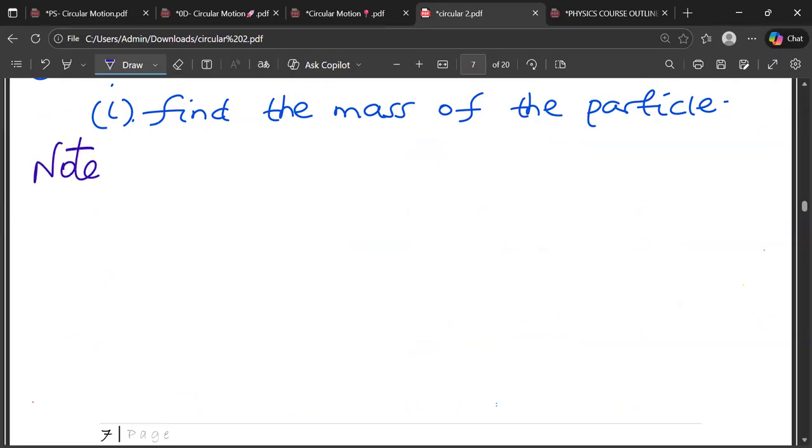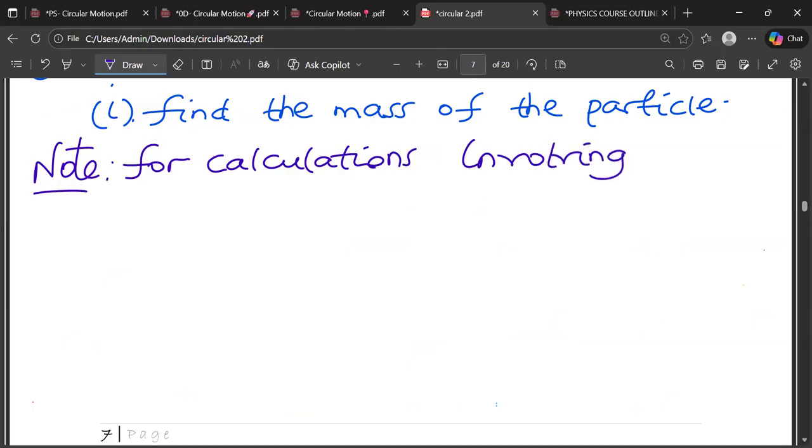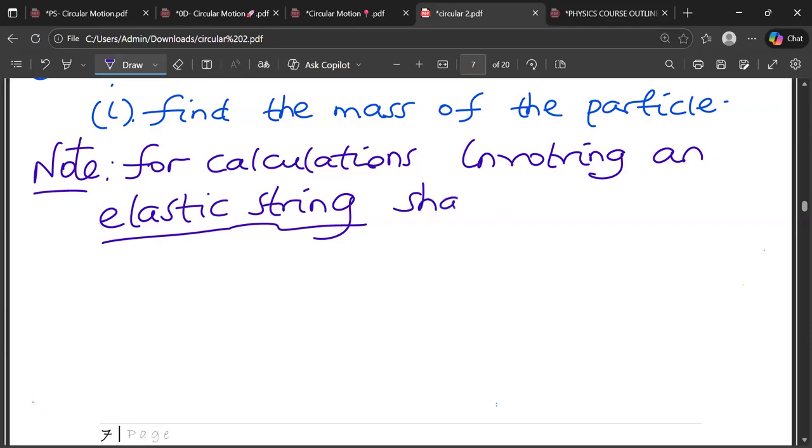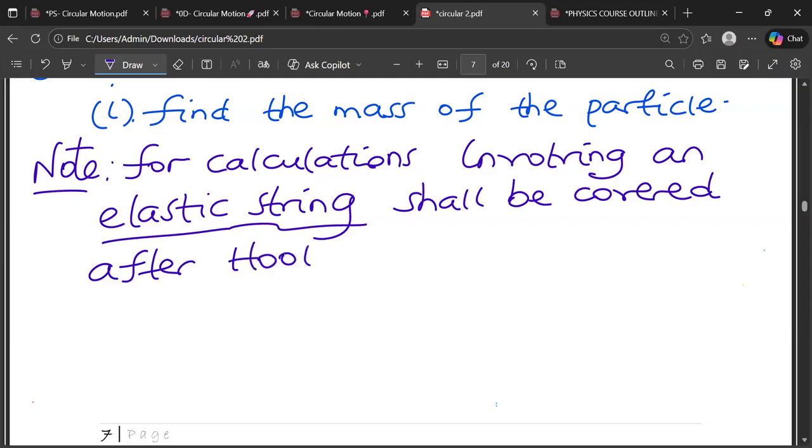Then, note, calculations involving an elastic string shall be covered after Hooke's law of elasticity, that is under mechanical properties of matter, where elasticity is part.